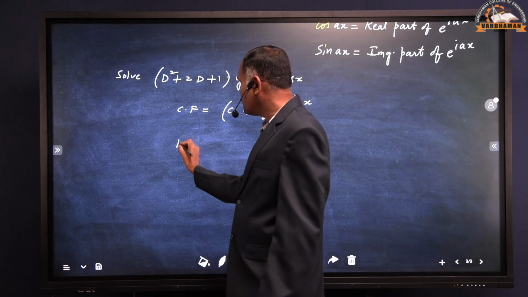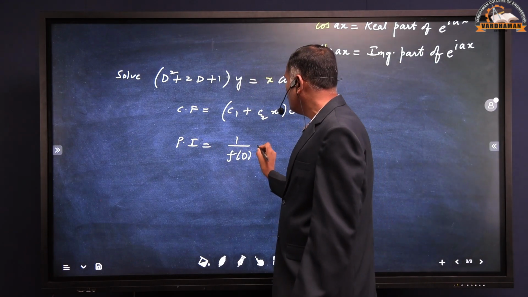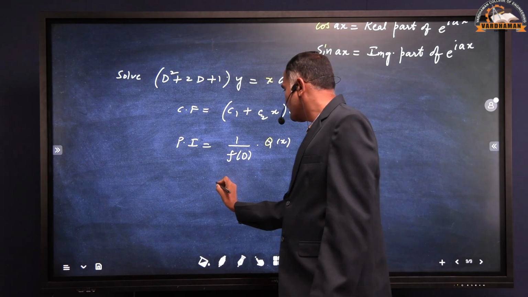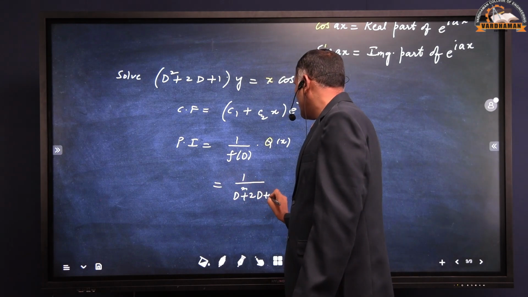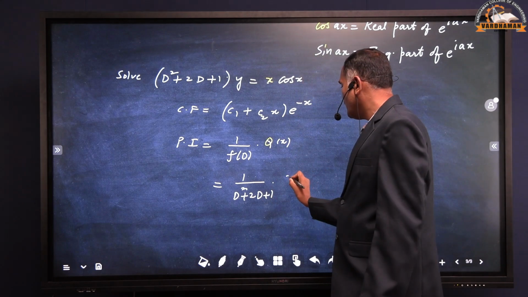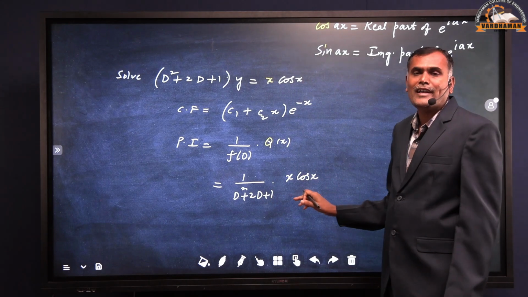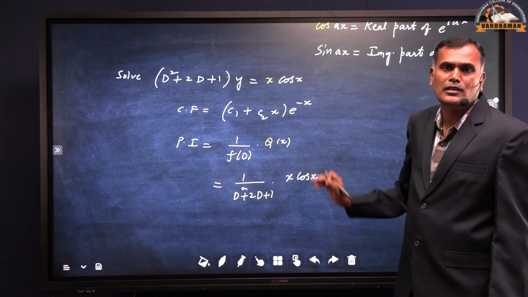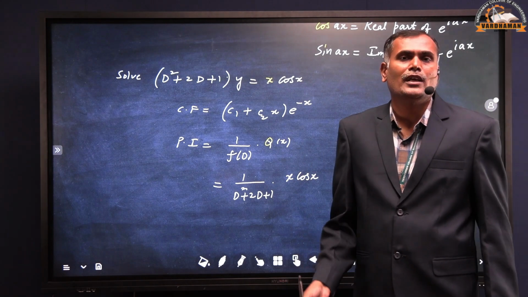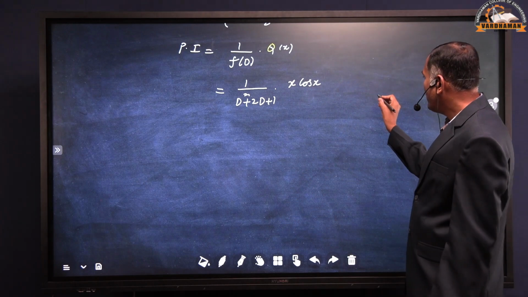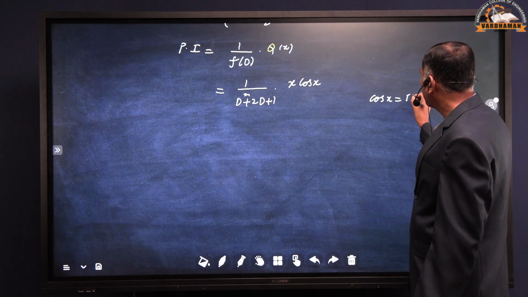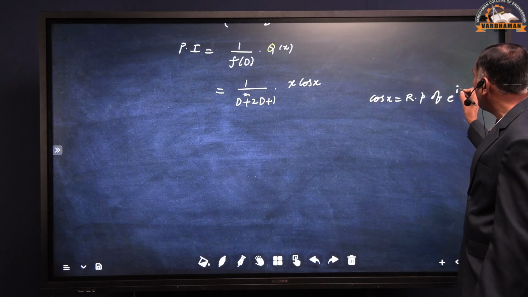Now P.I. equals 1/f(D) into Q(x). In this case, f(D) is D² + 2D + 1. Q(x) is x cos x. Now we will use the general method to find the particular integral of this problem. Instead of using the formula, we use the general method. The general method says that we have to replace cos x with the real part of e^(ix).